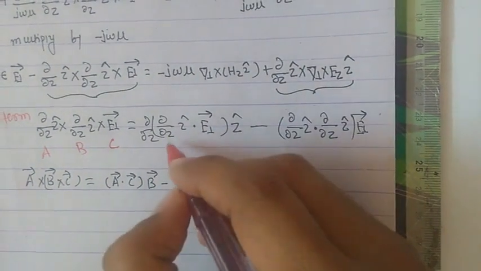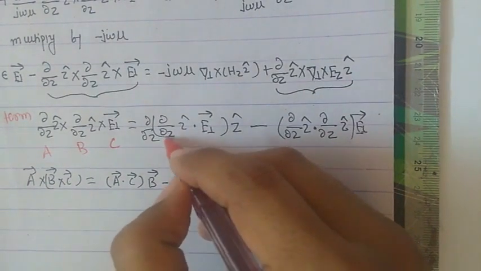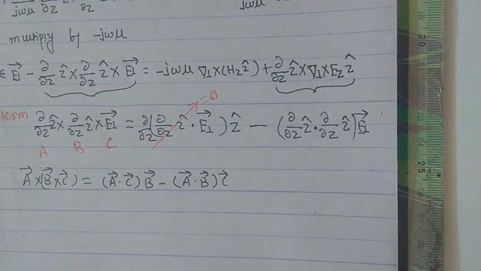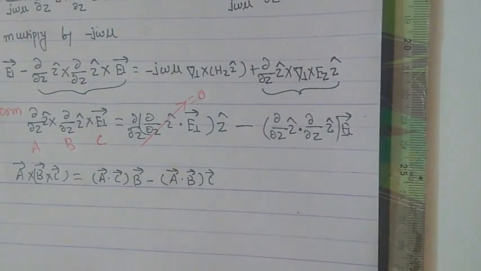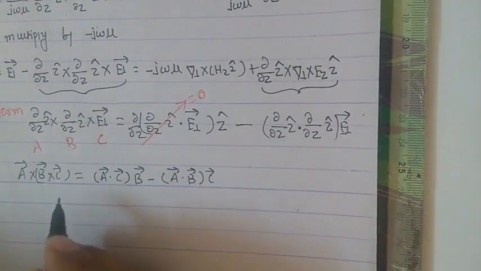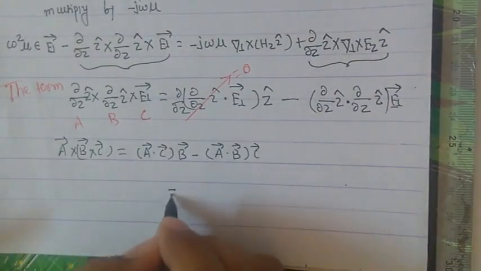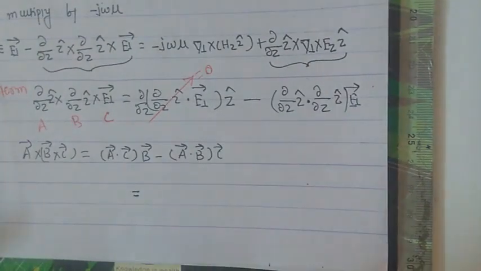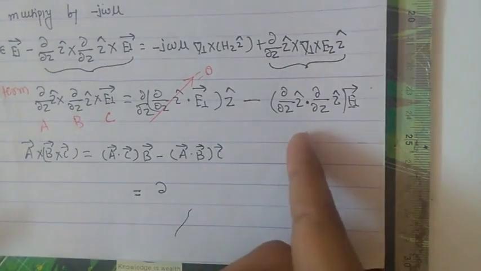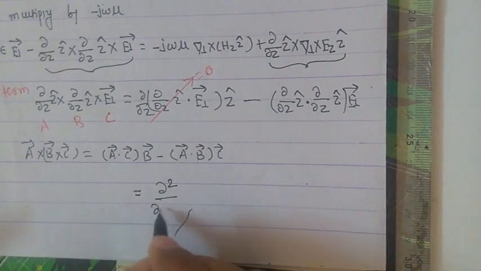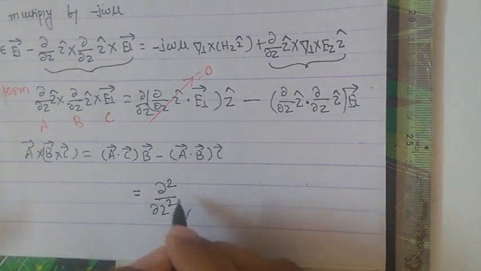So this dot product will be, or this term will be identically 0. So this term will reduce to minus this one, del square by del z square of E transverse.